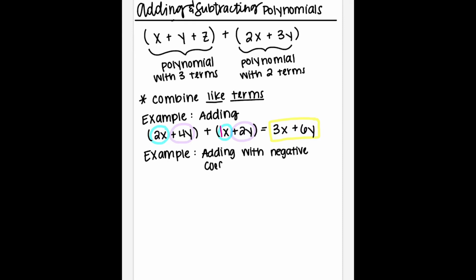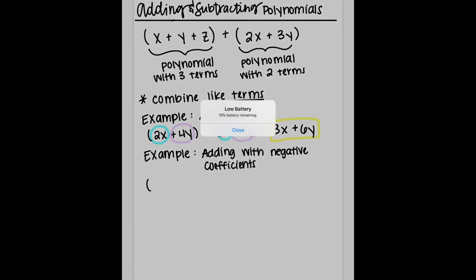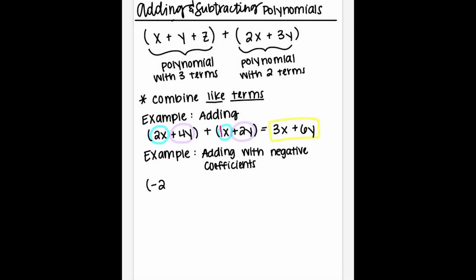What I mean by that is if I give you the polynomial negative 2x plus 5y, and we want to add the polynomial 4x minus 2y, notice that I'm still adding this polynomial and this polynomial, but I have some negative coefficients within the polynomial.